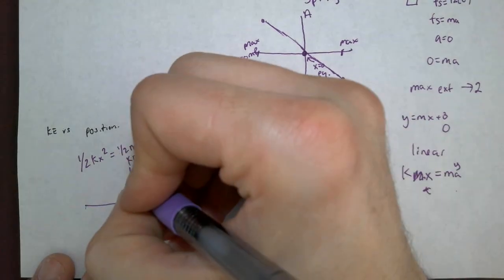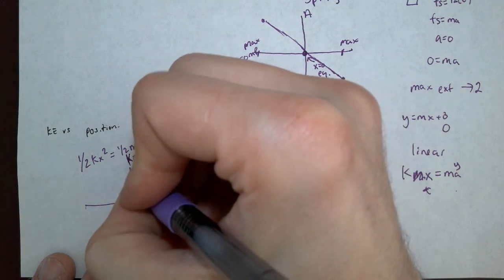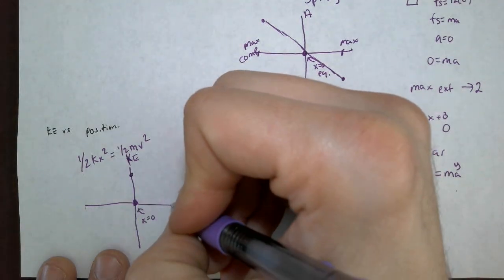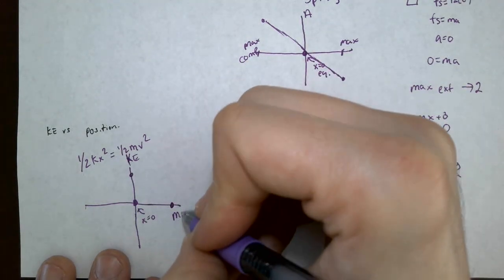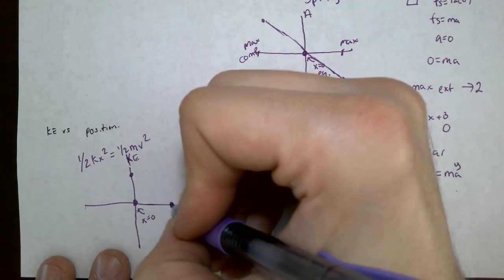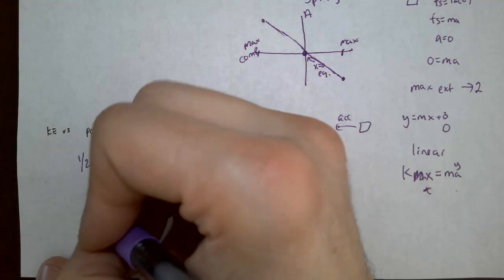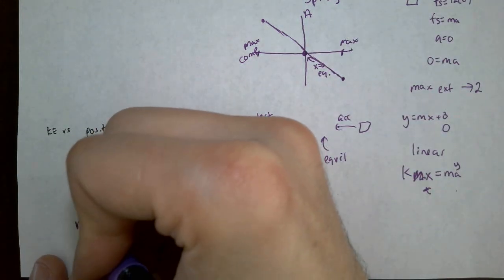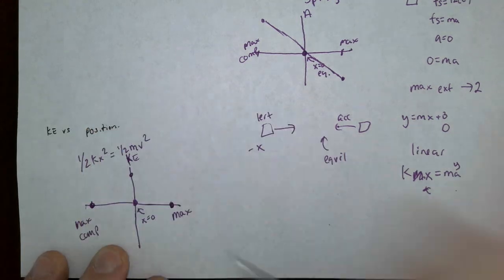And then at max extension, our kinetic energy would be 0. And at max compression, our kinetic energy would also be 0.